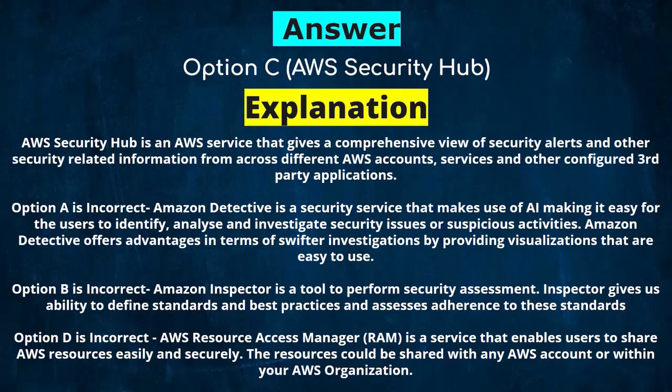Amazon Inspector is a tool to perform security assessment. Inspector gives us the ability to define standards and best practices and assesses adherence to these standards. Option D is incorrect. AWS Resource Access Manager is a service that enables users to share AWS resources easily and securely. The resources could be shared with any AWS account or within your AWS organization.